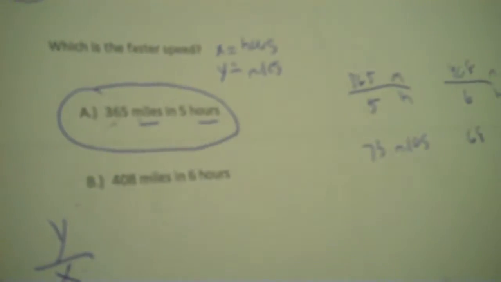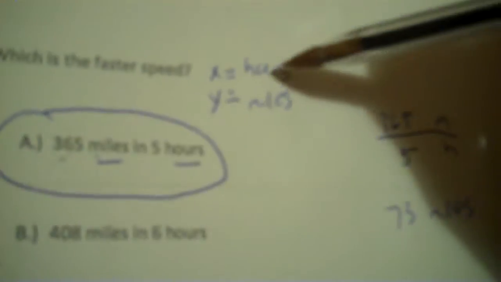And then 408 divided by 6, that's 68 miles, 1 hour. So which one's faster? It would be the 73 miles, so it's A. Remember, you're dividing, but it's got to be the Y divided by the X, so it's important you do that.